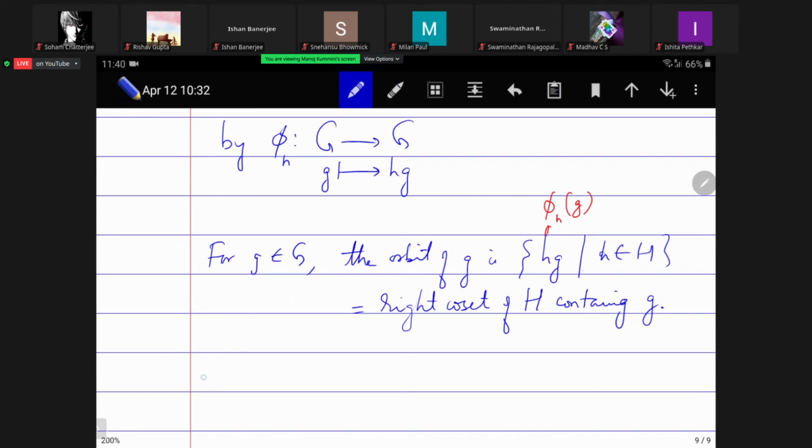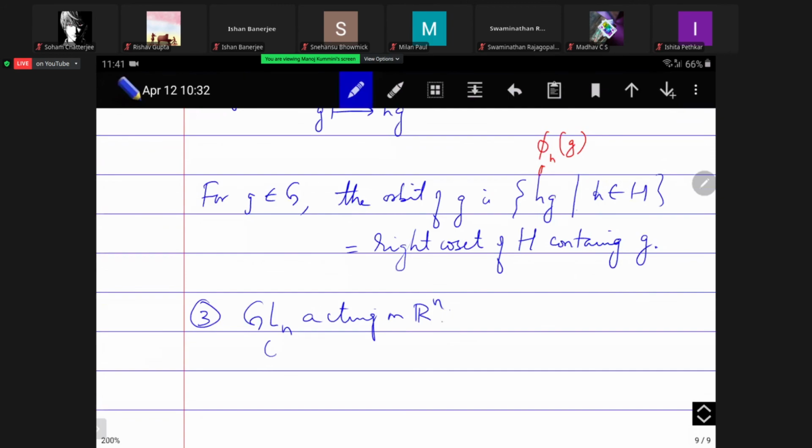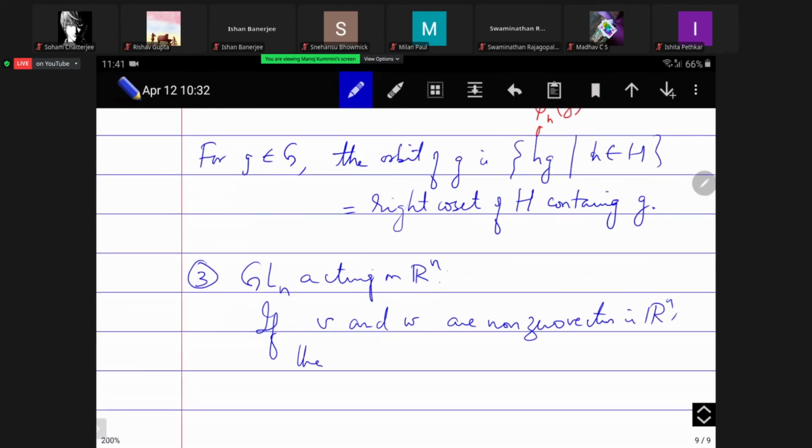Example three, GLn acting on Rn. If v and w are non-zero vectors in Rn, then there exists an A inside GLn(R) such that w is A times v.